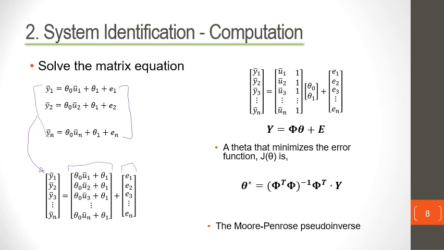So in this case, we can also show that this middle portion is the same as multiplying a matrix with the inputs here and all ones here, and multiplying it with the unknown values of the parameters theta 0 and theta 1.